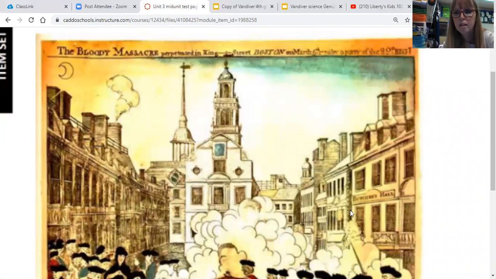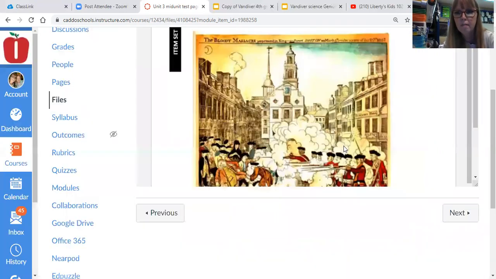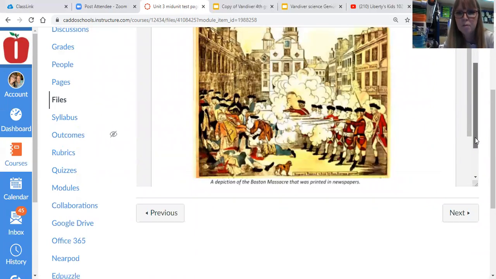Okay, and that says Butcher's Hall, I believe. All right, you'll see a little dog down there at the bottom. It says depiction of the Boston Massacre that was printed in newspapers. Okay, so that is our source 3.